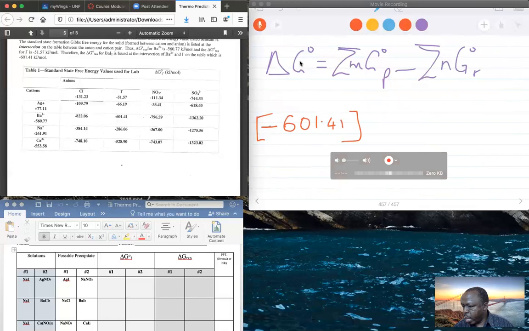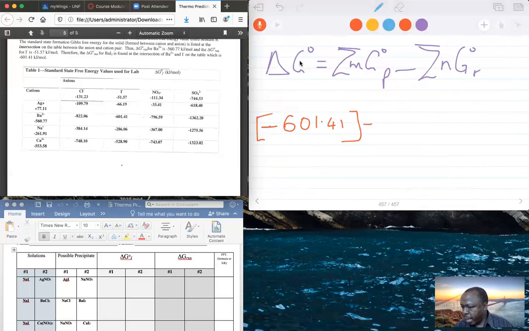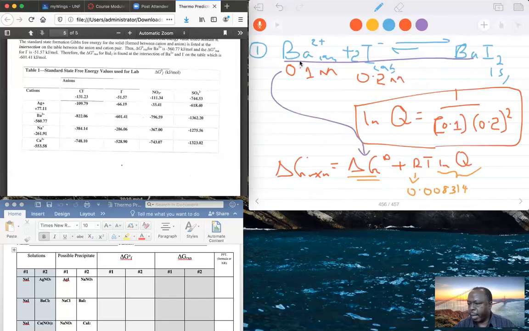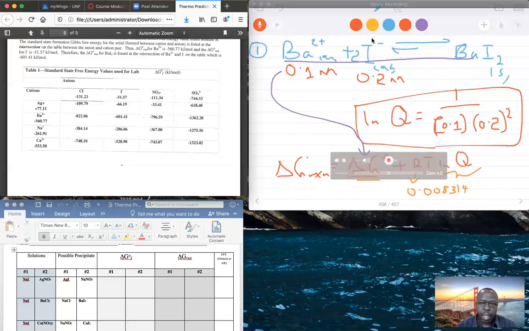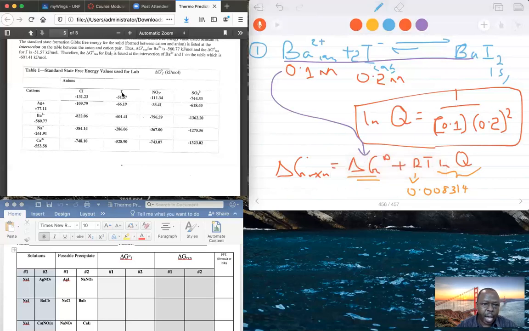Product minus reagent. Now this is where you have to say minus, we have to find the summation of these two, barium and iodide. This is where you just zero in for barium. You see barium right here? This is for barium alone, formation of barium ion. And then for iodide, this is for iodide alone at the top.